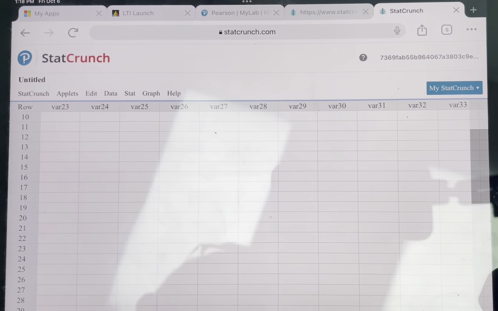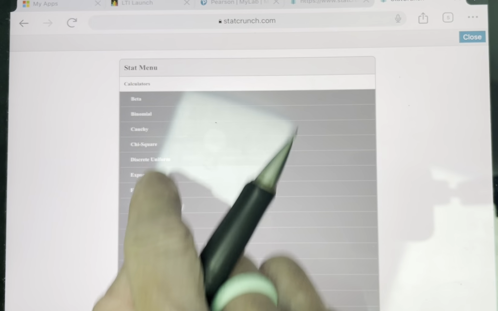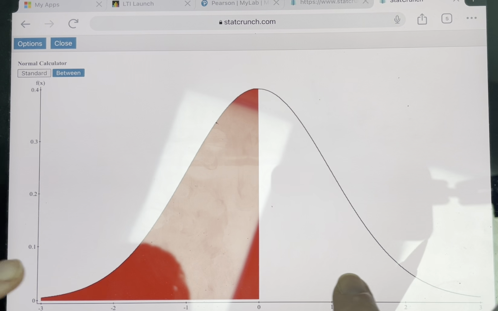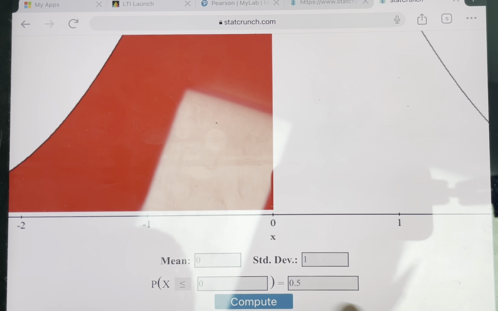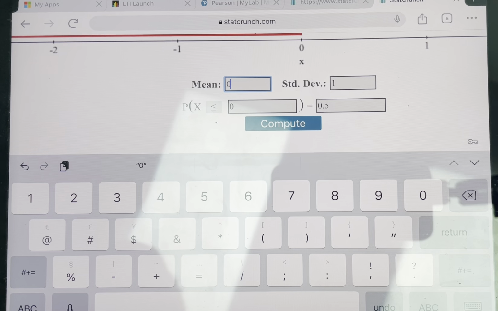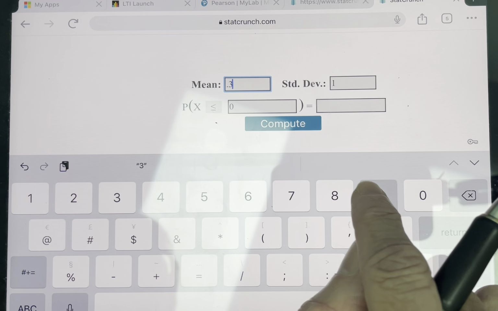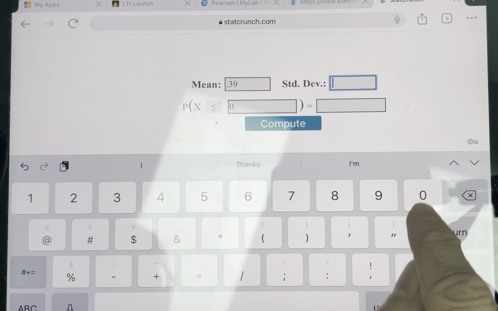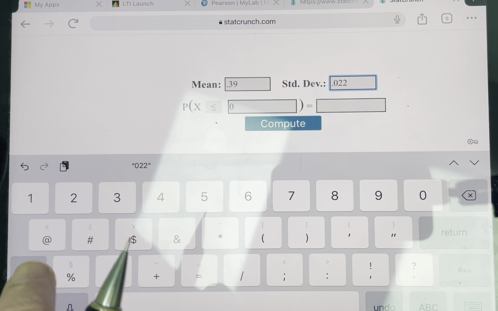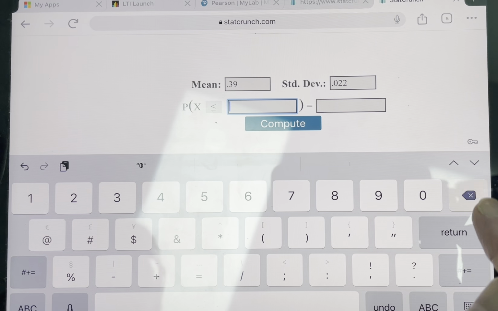Come into StatCrunch, Calculators, Normal, and open it up. We have our defaults here. So let's put our mean in. Our mean is 0.39, 39%. Our standard deviation is 0.022. And we want less than, it's already selected, less than 0.38.